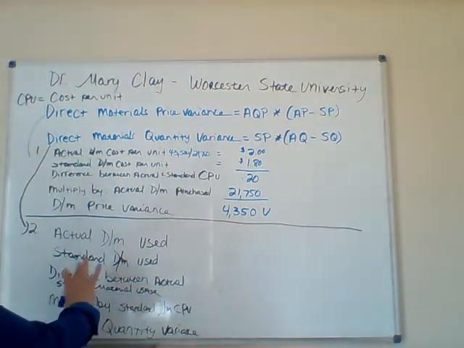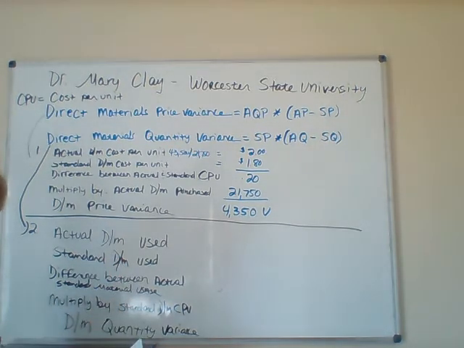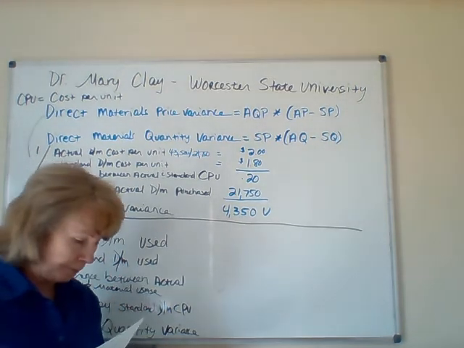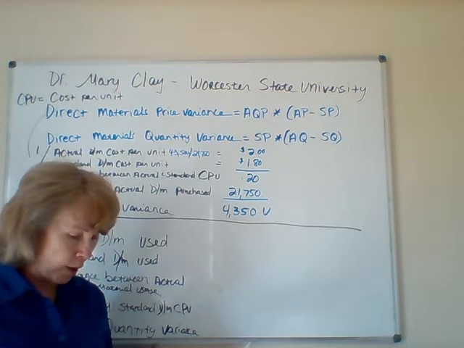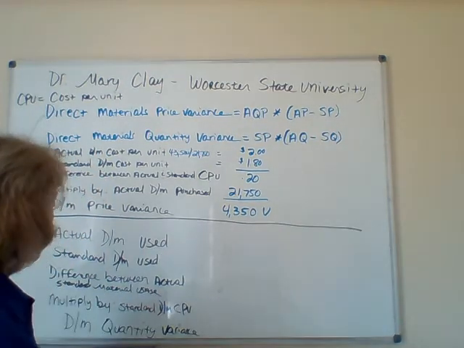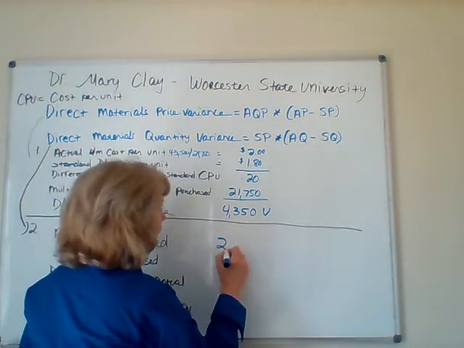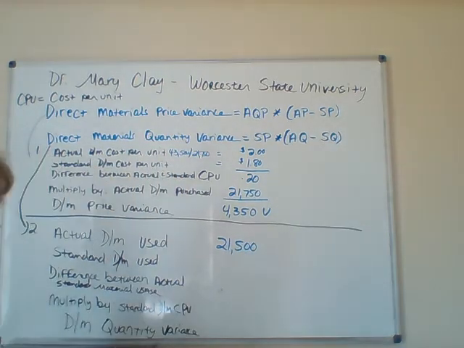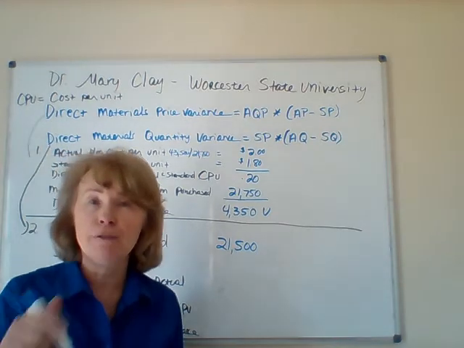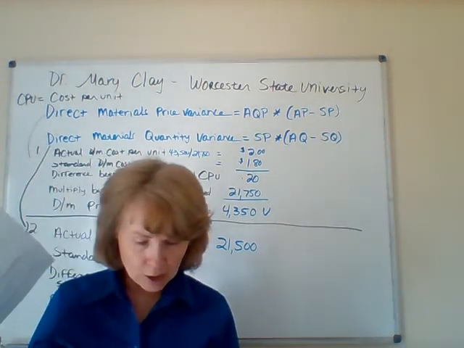Now let's go over the actual direct materials used. Look back at the problem. A total of 21,500 pounds were used in producing the boulders in June. 21,500, those were actually used. The standard direct materials used, you have to figure out. Let's go back to the problem.